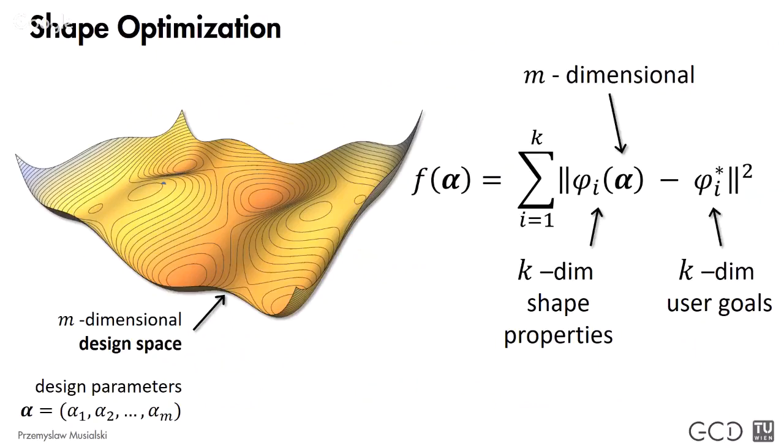This k is not the same k as I was talking about before. This k now means number of properties, and m is now the number of the basis functions, the alphas. And usually the number of properties is quite low, less than 10, and the design parameters, we still usually need a higher number of them.